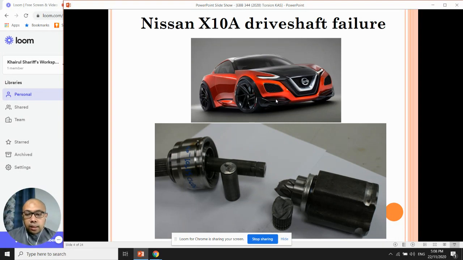So that's why, let's say you drive a Myvi, Nissan type, Toyota Vios or whatever, the most common failure for the car is the shaft.